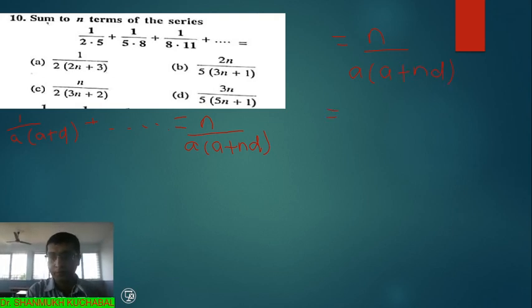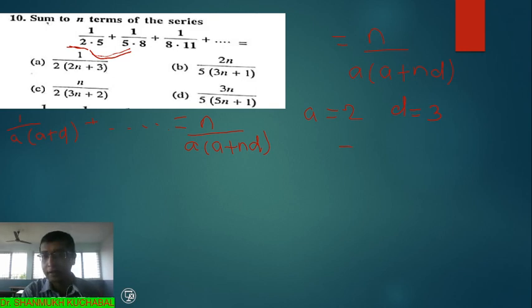Here the value of a is 2, and 2 and 5, we can see clearly, have a difference of 3, so d equals 3. So this value we have to substitute.